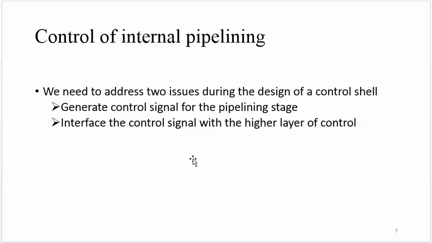First, we need to find a way to generate a control signal for the pipeline stage, and then we need to define a proper mechanism to interface the control signal with the higher layer of controllers. A simple start-done handshake is insufficient for a pipeline because it does not reflect the pipeline effect.